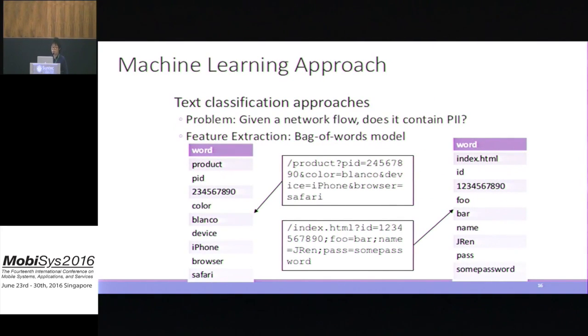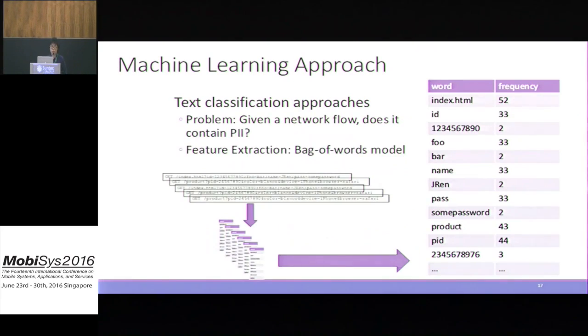To do this, we use a bag-of-words model to extract the feature set for training, which means we break each network flow into a collection of individual words. With all the available labeled network flows, we extract the words and count the occurrence frequency, and this can potentially give us thousands of features or more, which is both costly to analyze and can lead to overfitting.